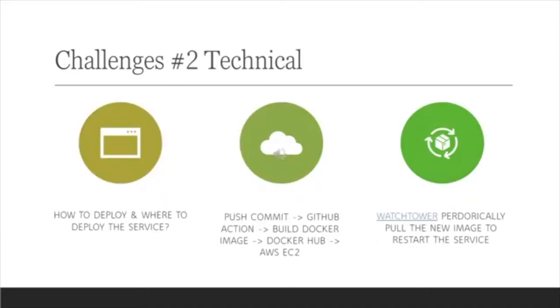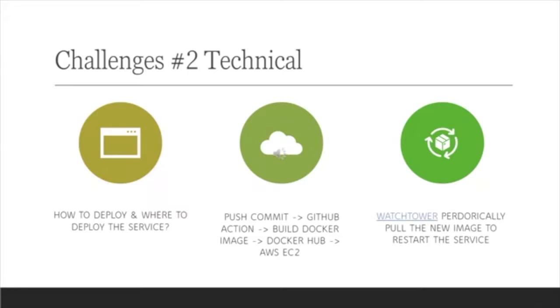So here come the last technical challenges. As I mentioned before, how and where to deploy the service is a really big issue, because if you want to make everything automated, for example, you want to push the code to the repo and the testing environment gets updated, there is still a lot of stuff to deal with.